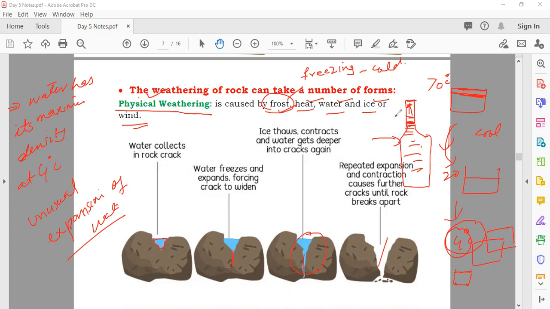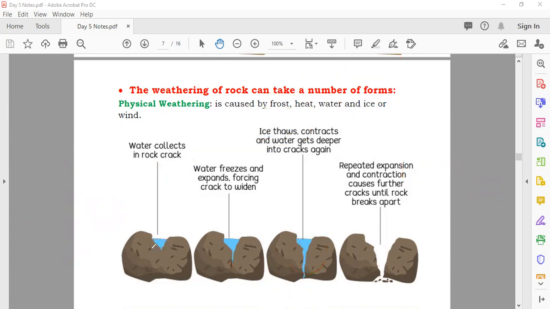Even in cold countries, they make bends in the pipes like this, where the water becomes ice in the pipe, so they leave this space for expansion. That's known as unusual expansion of water. When water comes here and freezes, it expands and applies a force on both sides and makes a crack.